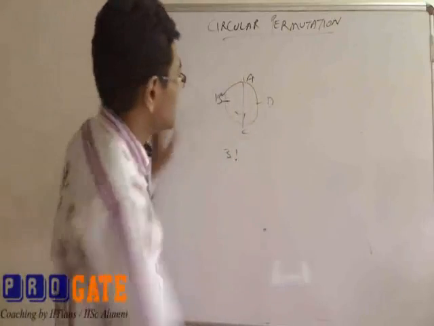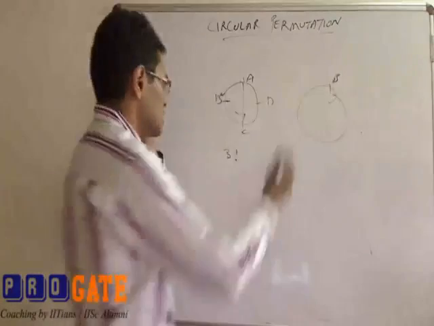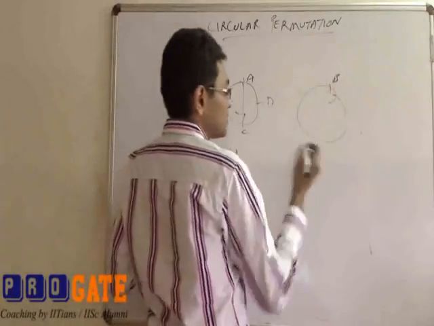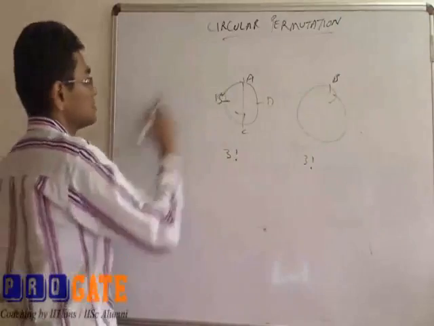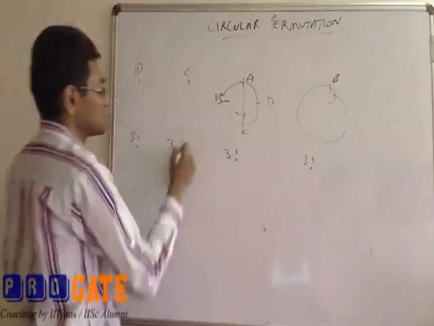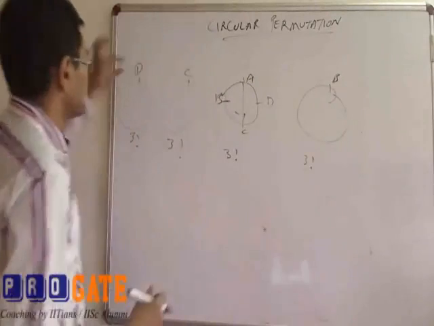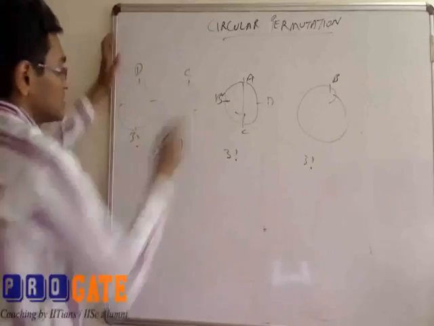Now when I fix B here, then similarly B will have 3 factorial ways. Similarly I fix C here and I fix D here. So all of these have 3 factorial number of ways, such that if I fix one thing, the other 3 things can be arranged in 3 factorial ways. This is quite clear.